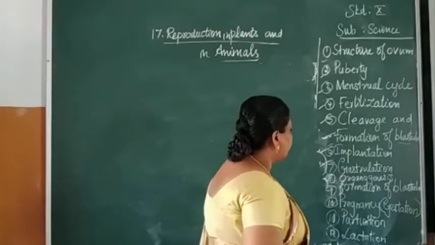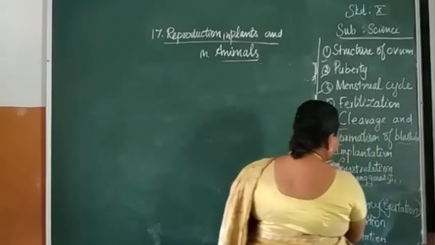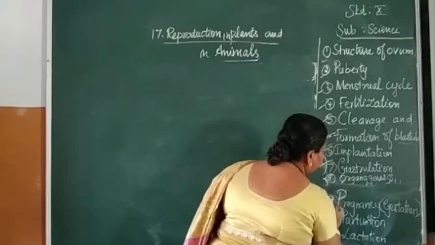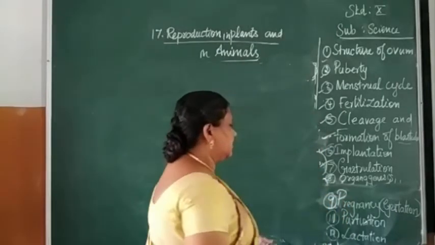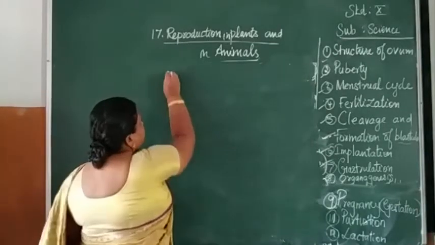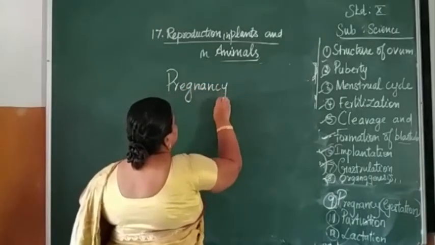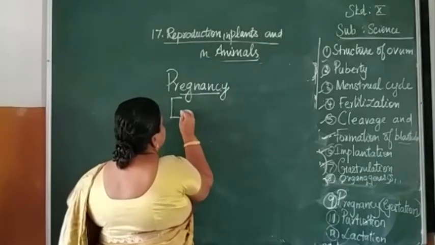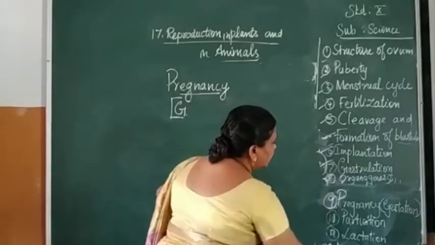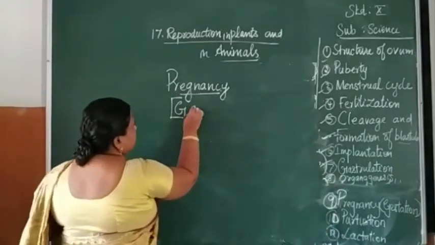Formation of blastula already over. Now we can move to the ninth one, pregnancy or gestation. 280 days is the normal pregnancy time. This is the gestation period, not gastration. See the difference between gastration and gestation.